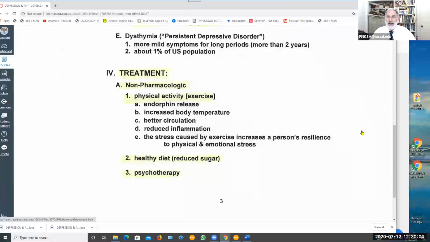Letter C, a third reason why exercise may be beneficial is increased circulation throughout the body, including the brain. Letter D, a reduction in inflammation. And basically exercise increases our resilience to physical and emotional stress.